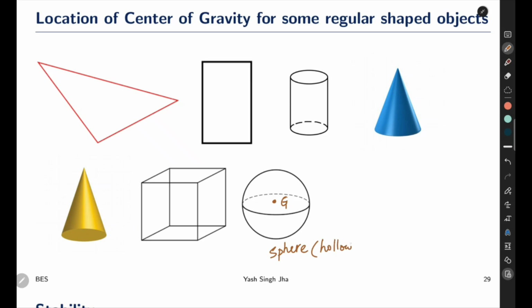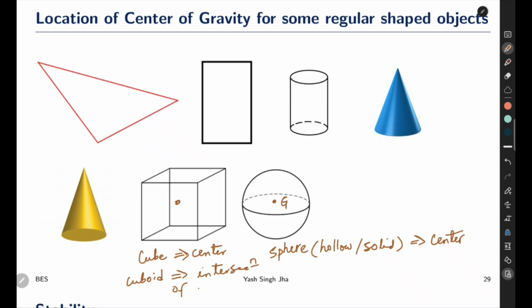For a cube, it's the center. For a cuboid, it is the intersection of diagonals.